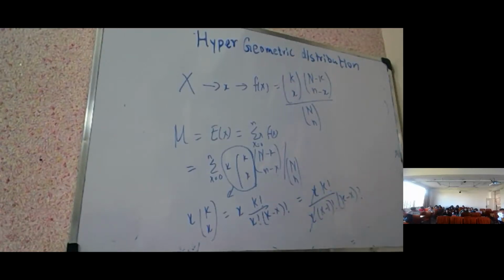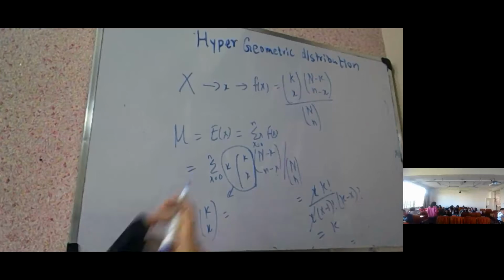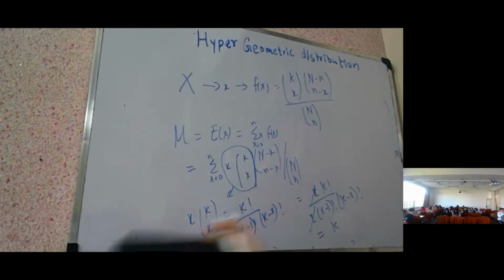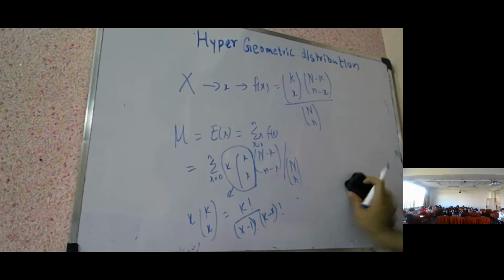So you can divide this, it's gone. So now you are remaining with k factorial upon (x minus 1) factorial and (k minus x) factorial. I opened x factorial to x so that I can cancel out this x.